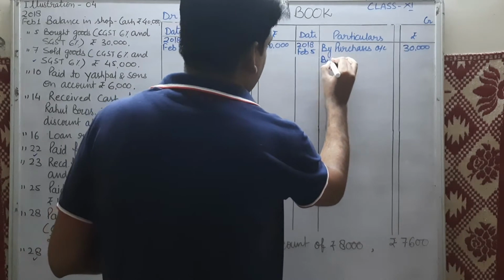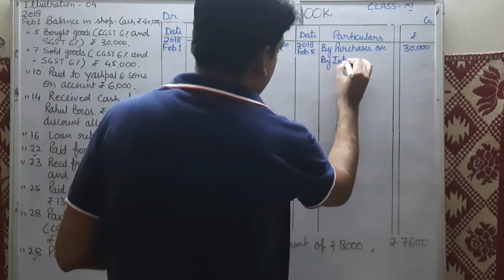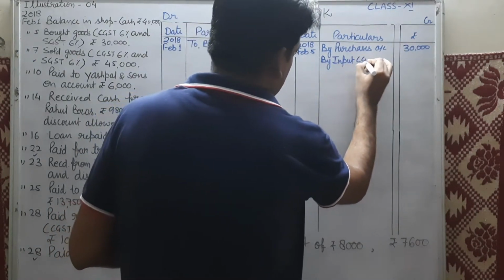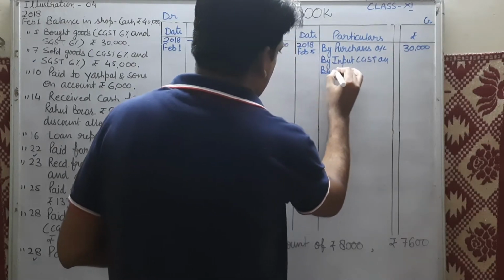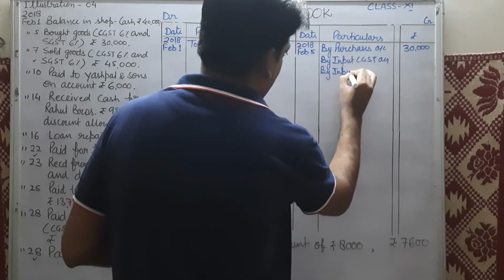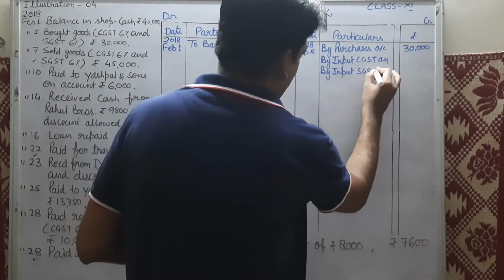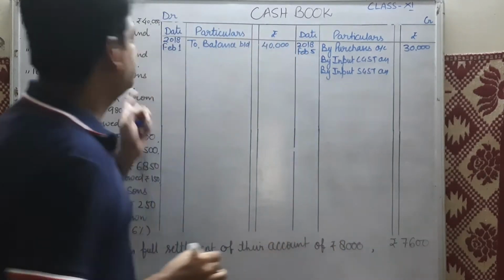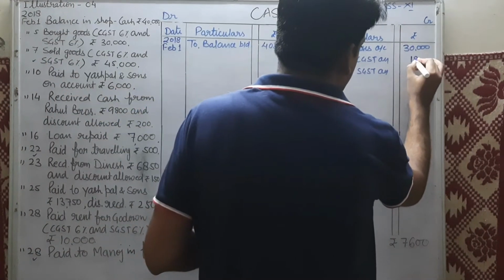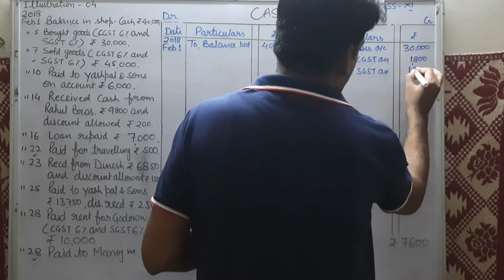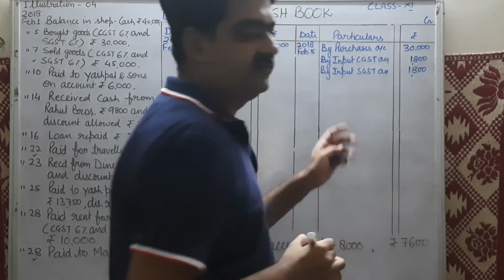So this will be treated as input CGST and input SGST account, and 6% on 30,000 will be 1800. 1800 input CGST will come and 1800 input SGST will come.